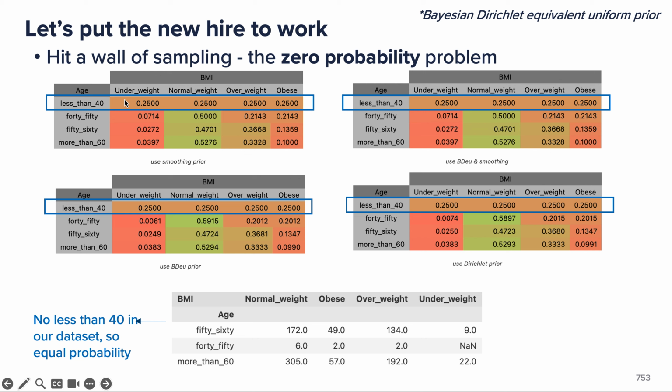But in our conditional probability table, it is specified that whoever is less than 40 years old should still be represented in the population, and therefore it shouldn't be a zero probability. In this situation, it will be an equal probability across all the different BMI categories. This is the effect of what we call a smoothing prior.